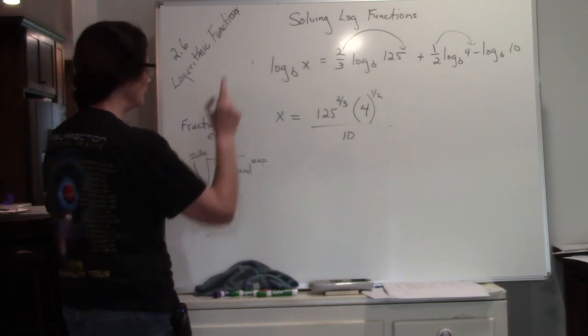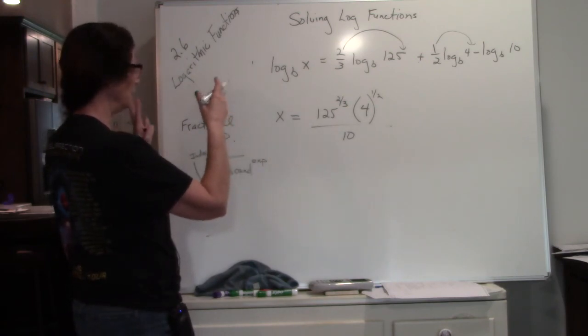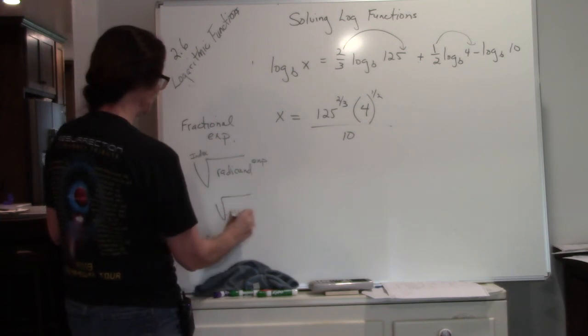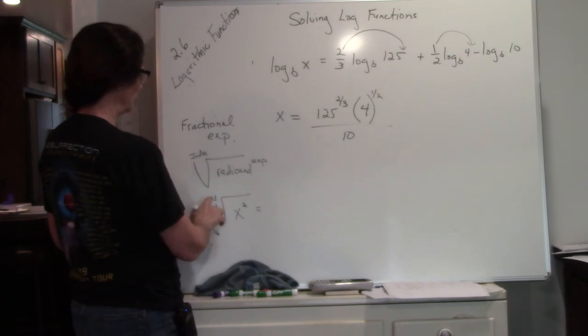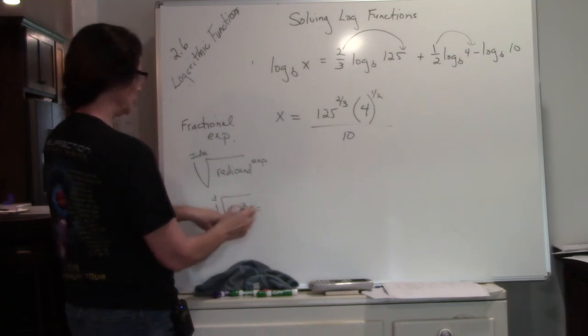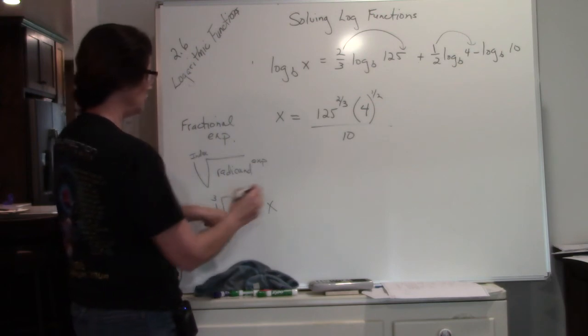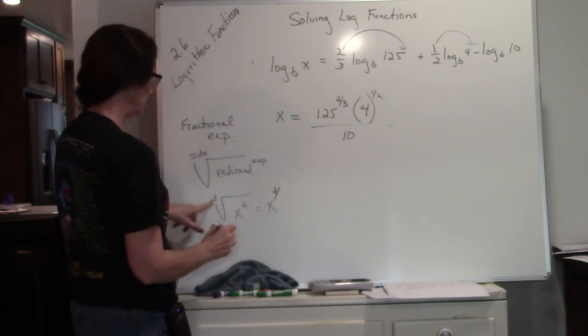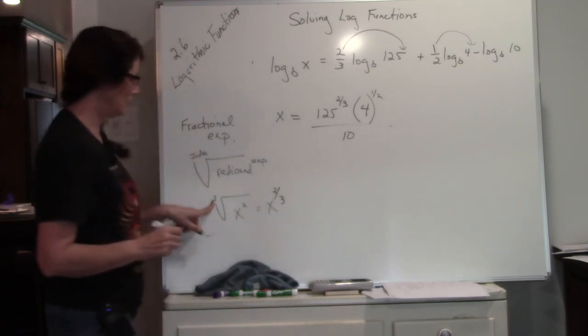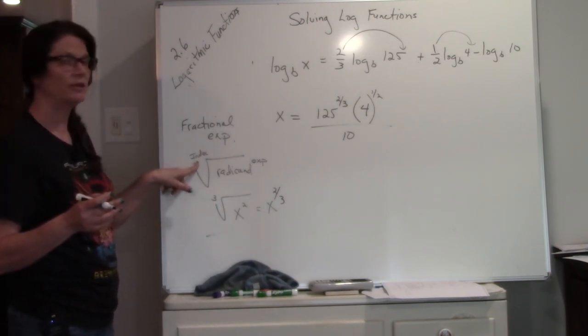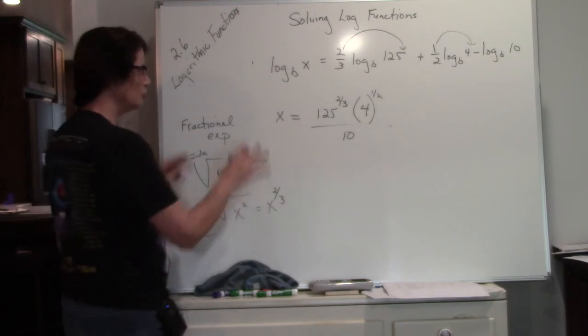Whenever you change from a radical to a fractional exponent, let me give you an example. I have the cube root of x squared. So the x is my base, the 2 is my numerator, the 3 is my denominator. So the denominator is always the index. It's always the number out here. Okay, so you just rearrange it.